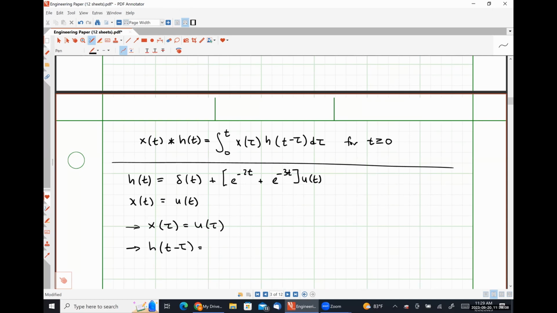And so everywhere that I see t, I'm just going to replace that with t minus tau. Hopefully nothing particularly groundbreaking happening here.